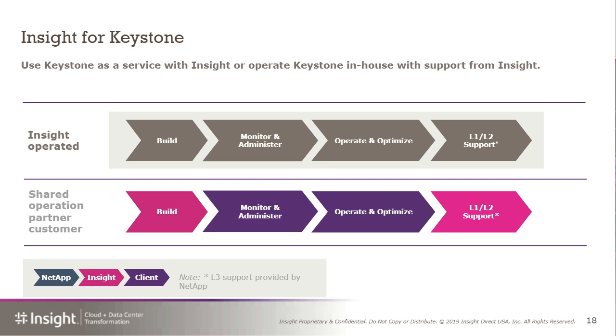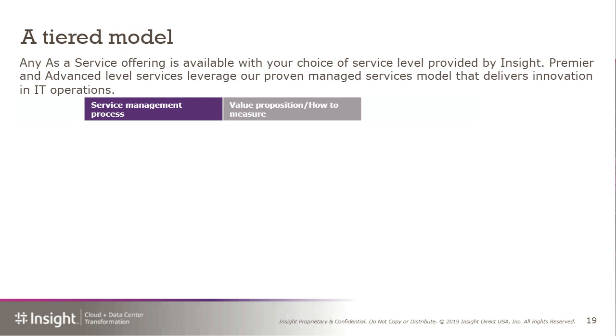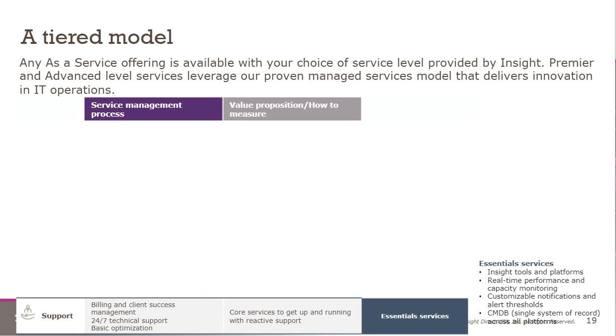And so that's what kind of the fully operated versus, you operate, we help, and then all the ingredients in between. So an example of that is when we provide you a Keystone as a service model, it always comes with what we call essential services. So we're doing the billing, we're doing the monitoring, we're helping make sure that it's meeting your needs, not just is the storage working, but what are you doing with it, and is that helping?